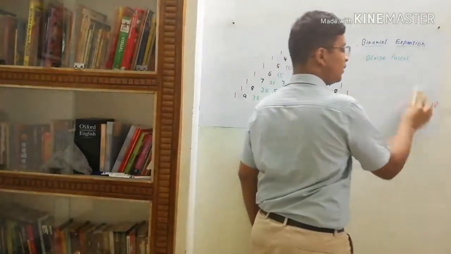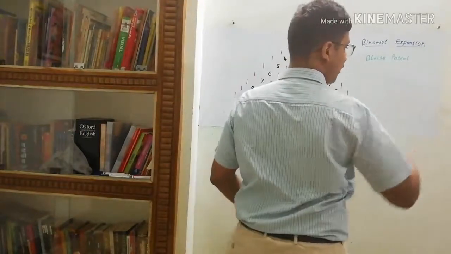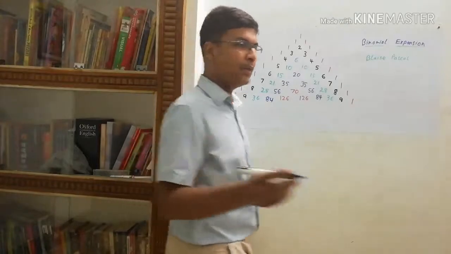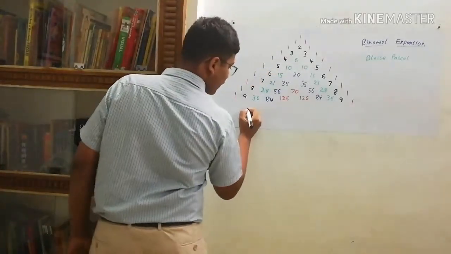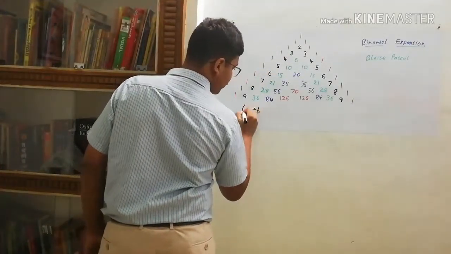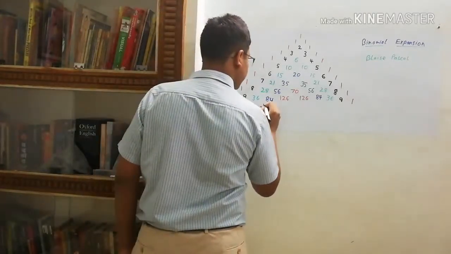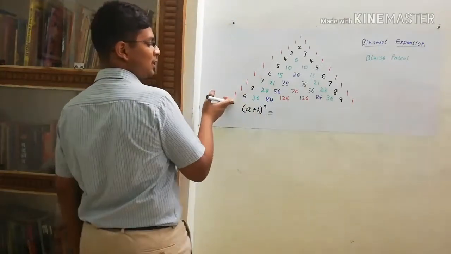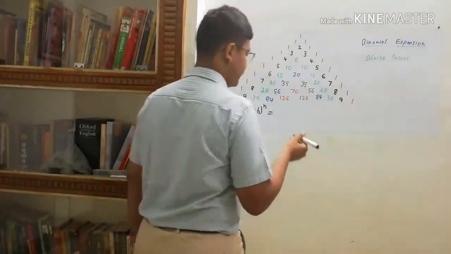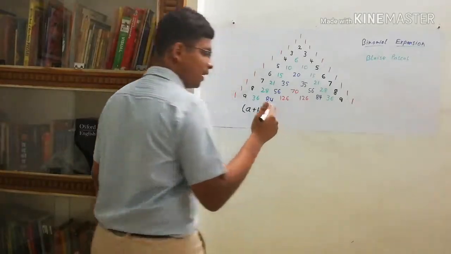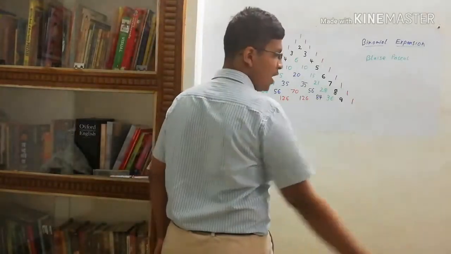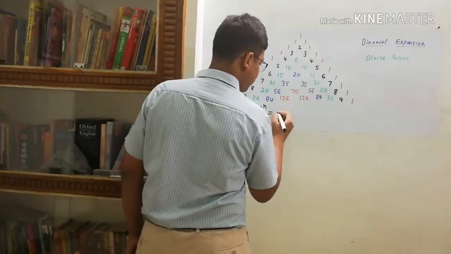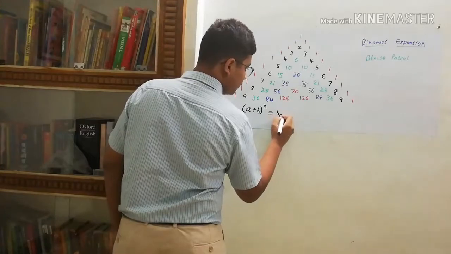Okay, let's write a general formula for finding the binomial expansion. The general formula could be written as (A plus B) to the power n is equal to, and let's take a little bit of the concepts of permutation and combination, which I might talk about in a later video.